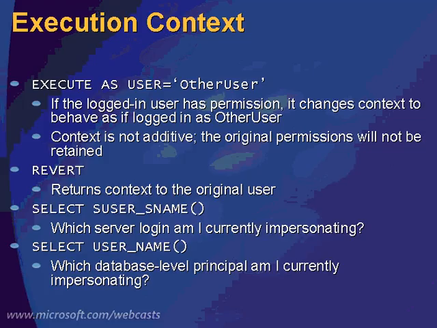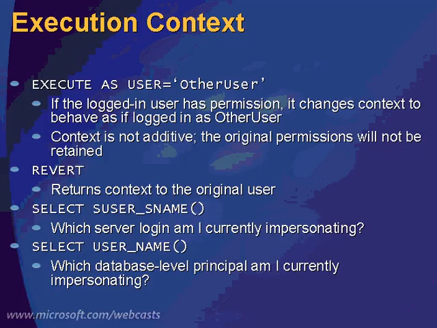And what that will do, if the logged in user has permission to impersonate the other user, and I'll show you how that's done, is actually change that logged in user's context so that everything behaves as if you logged in as that other user. The important thing to note here is that everything is changed. If you have access to something and you impersonate another user that doesn't have access, your permissions will effectively be lost. You'll only have the permissions granted to the other user.